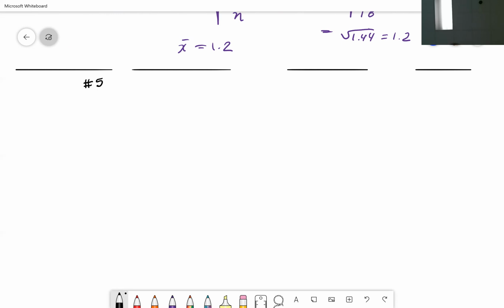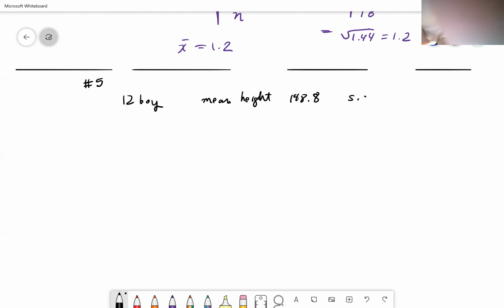The mean and the standard deviation of the height of boys in a class are 148.8 and 5.4 respectively. So we have 12 boys, and their mean height is 148.8. And the SD is 5.4. Now a boy of height 153.4 centimeters joins the class.